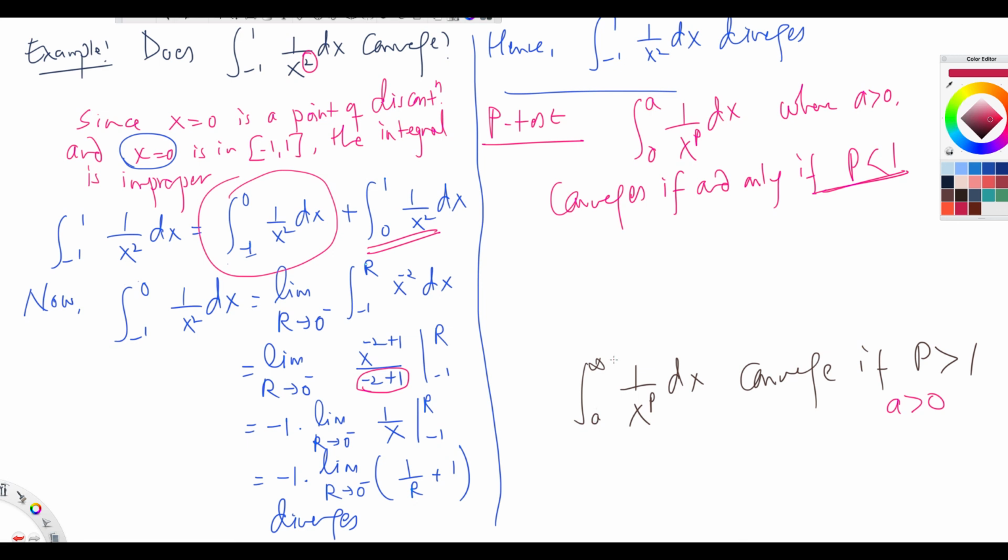But in the a to infinity case, where a is positive, 1 over x to the p dx converges if p is greater than 1. In this case, you will need p less than 1 to converge, otherwise it diverges. Okay, guys? So this is how you handle the second type of improper integral. Okay, guys? All right.